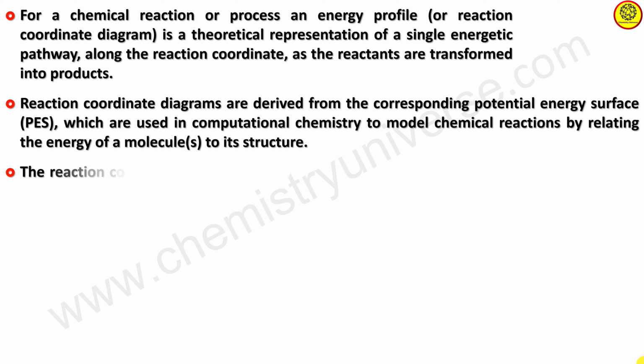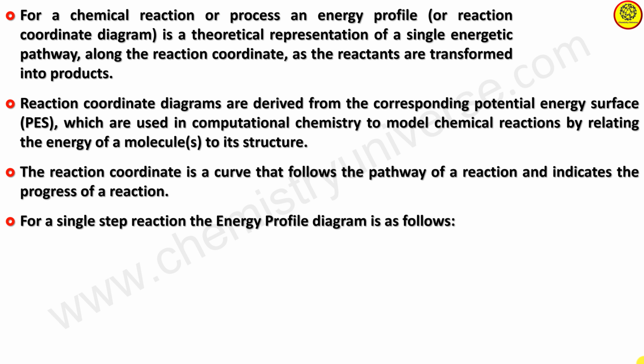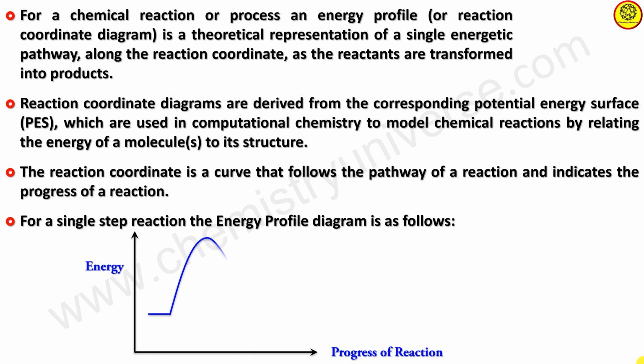The reaction coordinate is a curve that follows the pathway of a reaction and indicates the progress of the reaction. For a single step reaction, the energy profile diagram could be as follows. So, energy on the y-axis, and the x-axis shows progress of reaction. Now let's look at this. Let's assume the reactant is somewhere here, and then the product is formed.